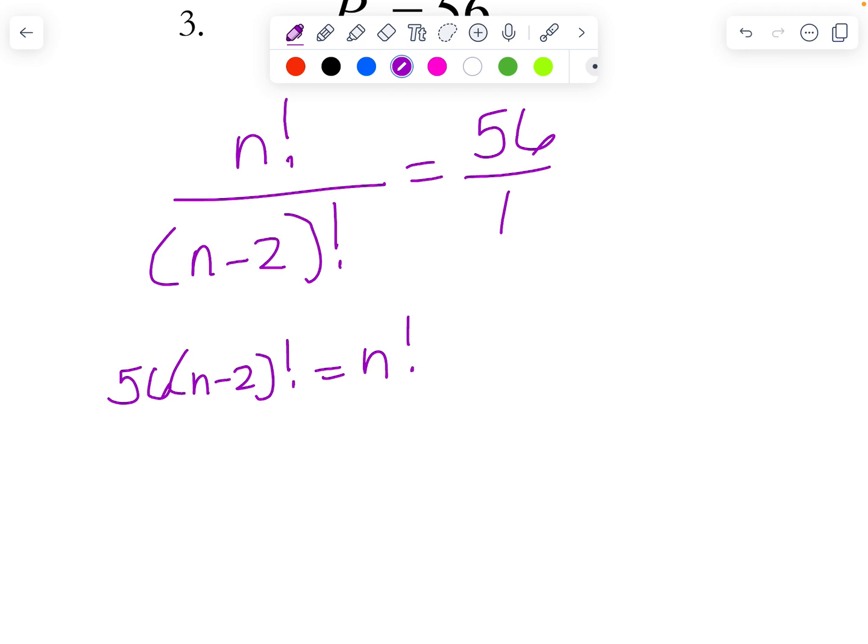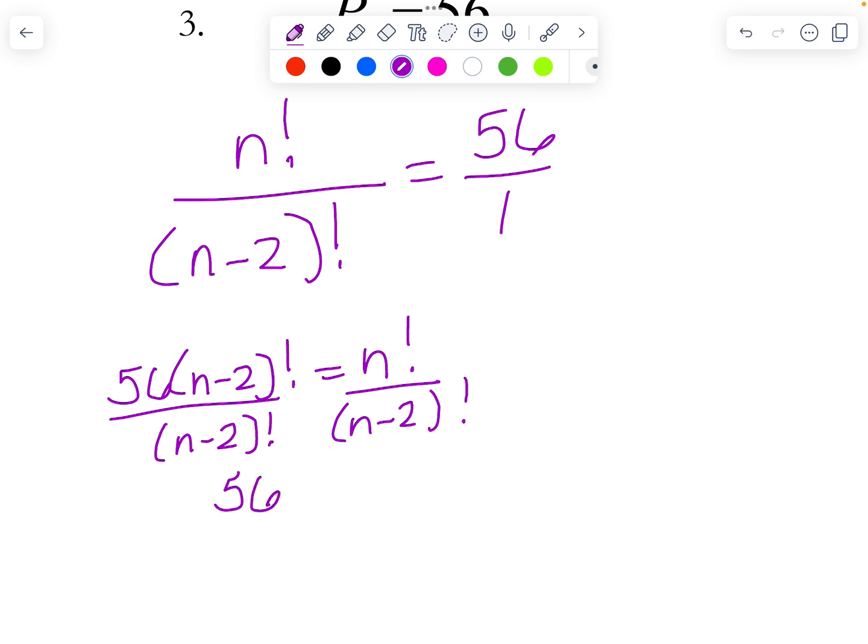I'm going to get the 56 by itself. So I am going to divide by the n minus 2 factorial. So I have 56 equals n factorial over n minus 2 factorial.